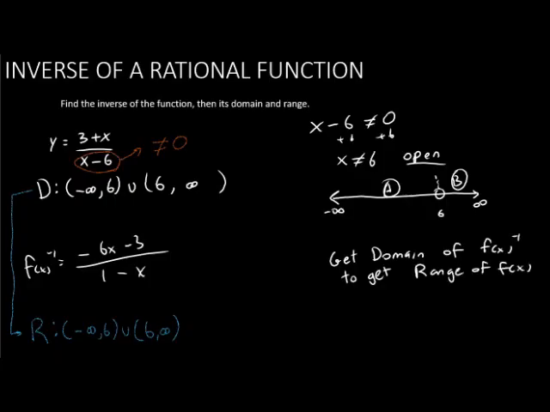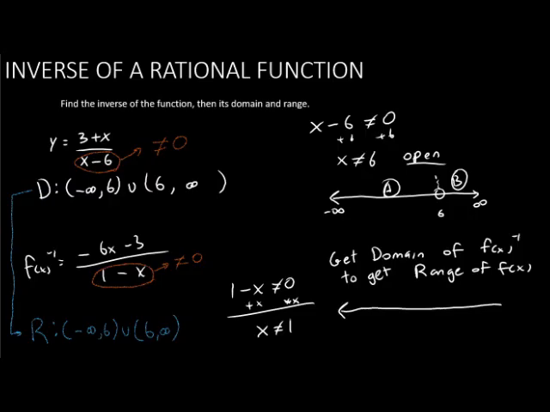Since our denominator in our inverse says 1 minus x, we know 1 minus x cannot be equal to 0. So we'll say 1 minus x not equal to 0. We can add x to both sides, and we'll end up with 1 is not equal to x. Notice I've written it x is not equal to 1, but that means the same thing. So once again, we'll draw a number line, and that number line will have an open circle at 1.